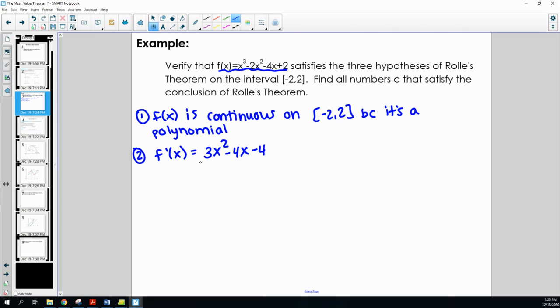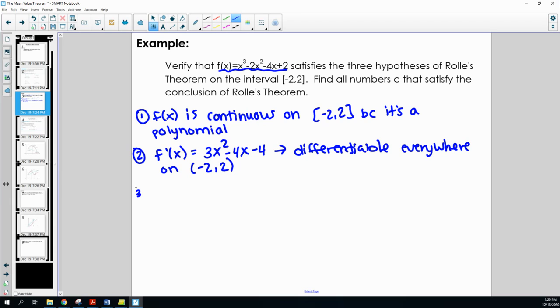So since I have a polynomial, I know that I'm going to have a derivative at every point within my open interval -2 to 2. Polynomials are differentiable. So this is going to be differentiable everywhere on -2 to 2. So that is also holding true.